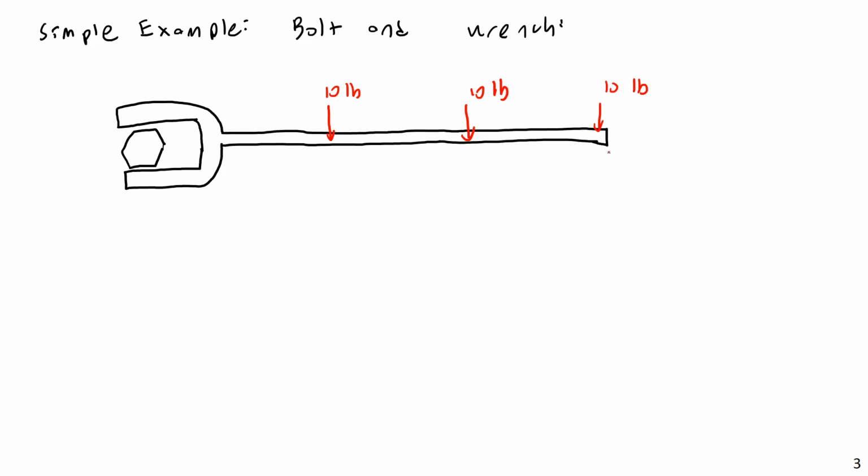That friction is represented by a minimum moment, or later we'll see a minimum couple. Think of it as a minimum torque that is required to turn this bolt, to overcome the internal friction, maybe some rust that's built up on the surface of the threads, whatever it may be.